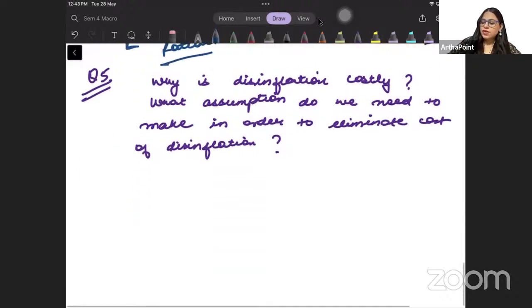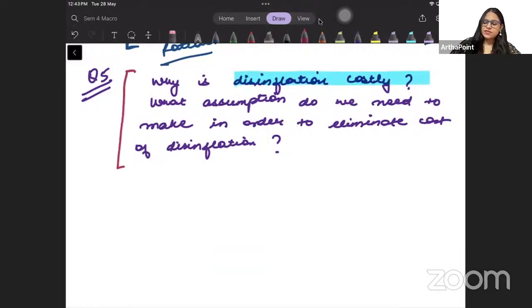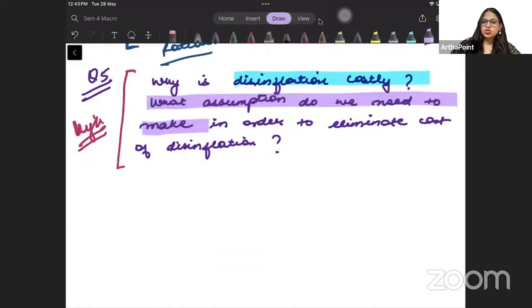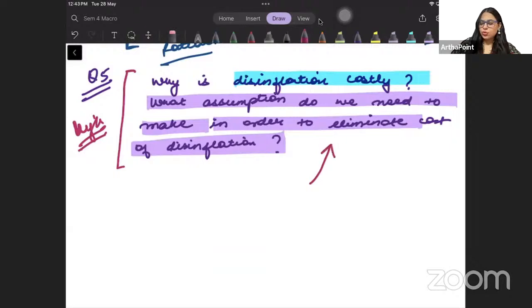Last part, beta. Why is disinflation costly? Again, I think that there is a very high chance that this can be asked in exam. Why is disinflation costly? What assumptions do we need to make in order to eliminate the cost of disinflation? Again, this is given to you in the book.